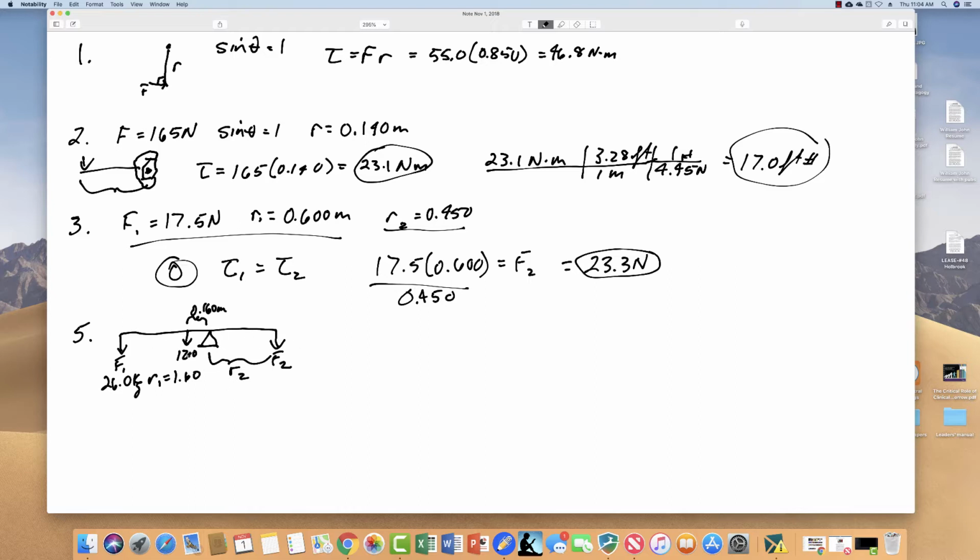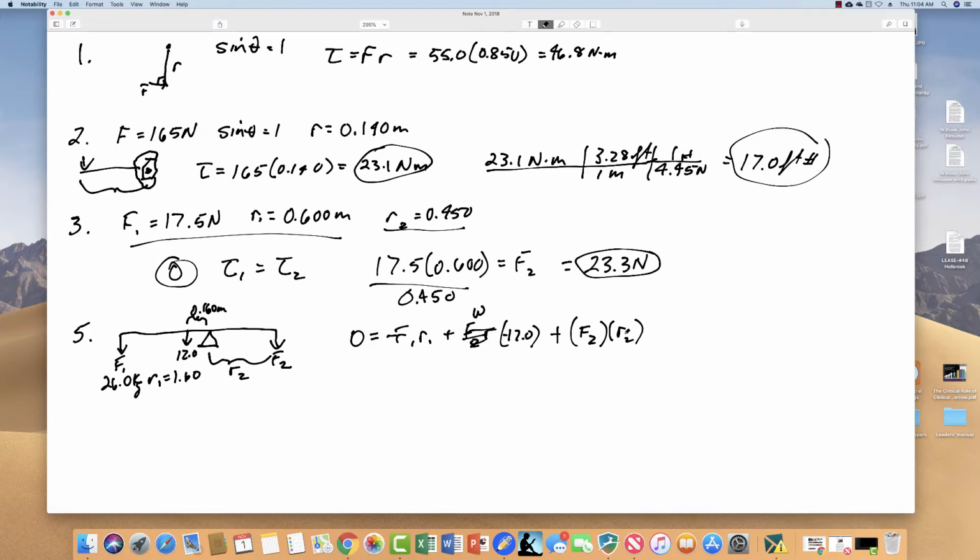So you can write this two ways. You can write 0 equals F1 R1 plus, let's call this W, the weight of the seesaw, times 12.0, and plus, and this one is clockwise, so we'll call this negative, so this is F2 R2.